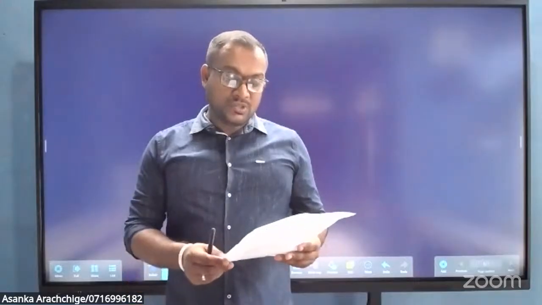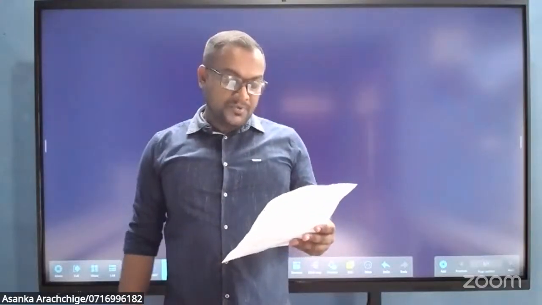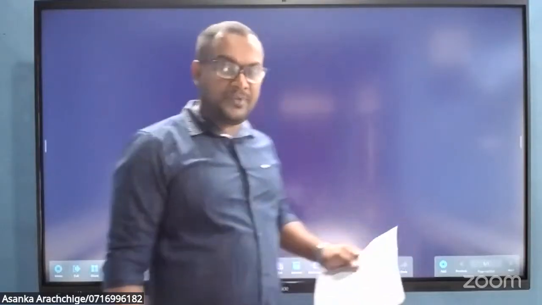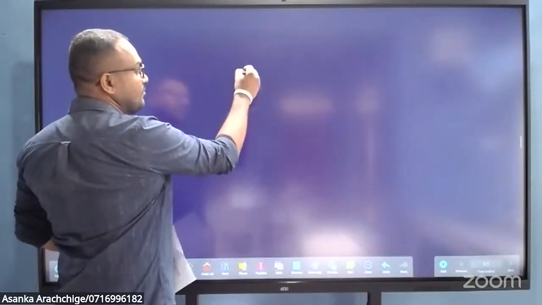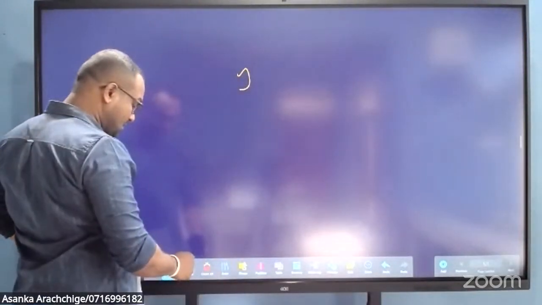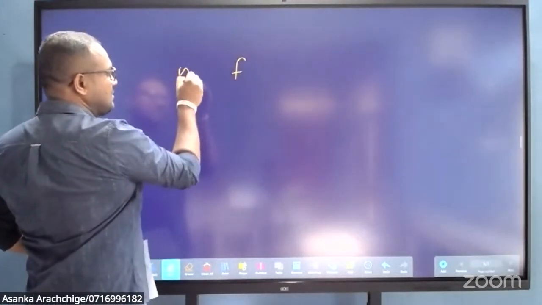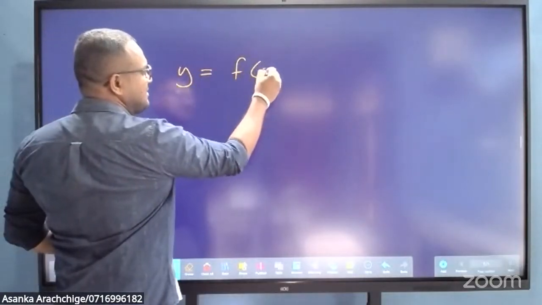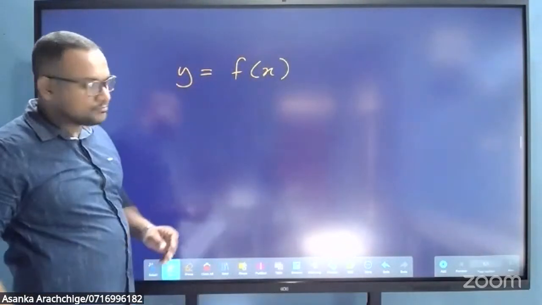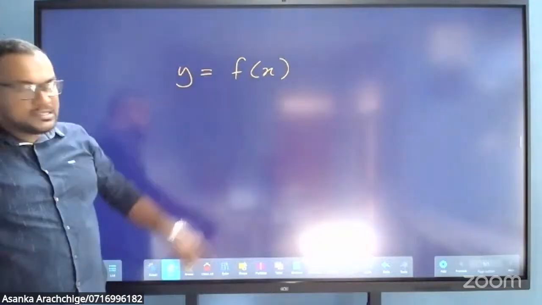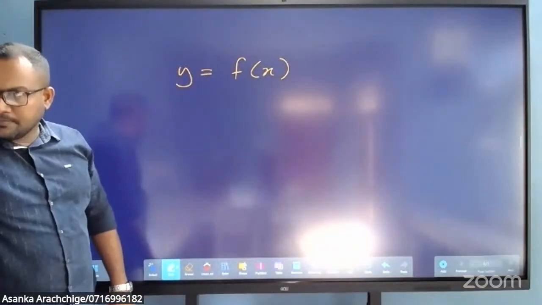An incomplete table showing the y values corresponding to several x values of a quadratic function of the form y equals fx. Okay, this is how we represent a function, right? Y equals fx means y is the dependent variable of the function, x is the independent variable, right?